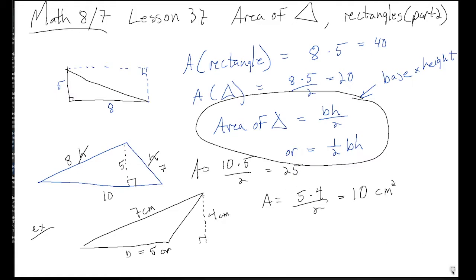Okay. Let's do a little bit on some more rectangles here, and then we'll move on to lesson 38. So I'm just going to put an example up here, and I want to find the area of this bad boy.